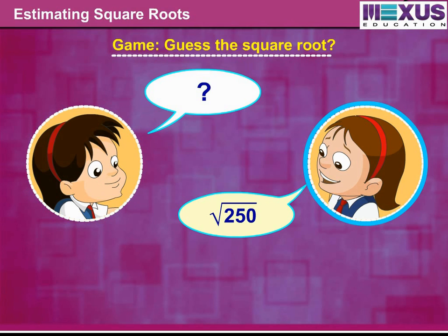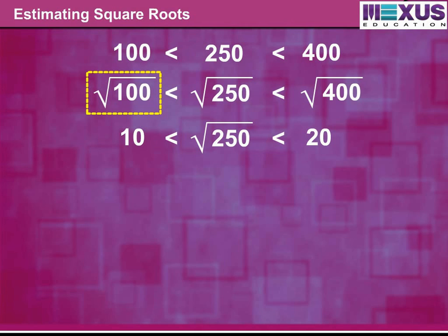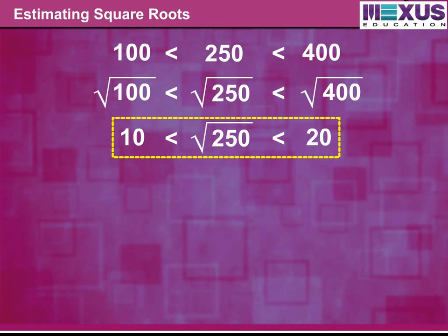Then Rita asked Sheila if she could at least tell a number whose square is closer to 250. In all such cases, we need to estimate the square root. We know that 100 is less than 250, which is less than 400, and the square root of 100 is equal to 10, and the square root of 400 is equal to 20. So 10 is less than the square root of 250, which is less than 20.